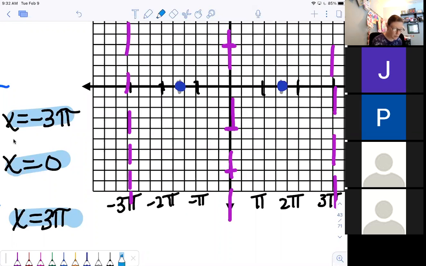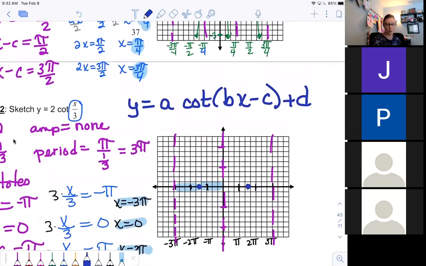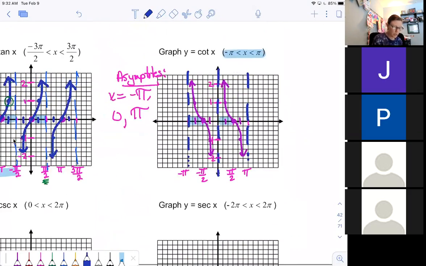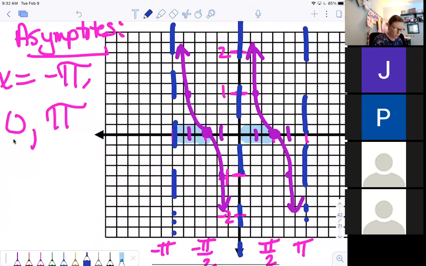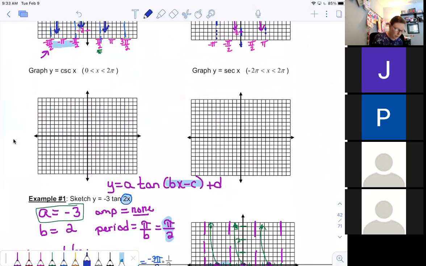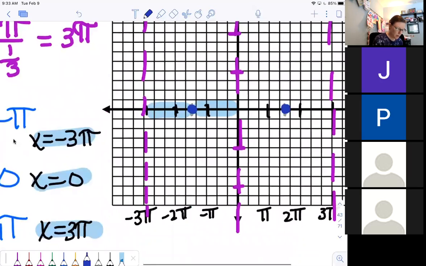And then in the middle of your intercept and asymptote is going to be where your other point lies. And that value needs to be multiplied by 2. So if I look up at cotangent, cotangent originally was up on the left at positive 1. So it's going to go up on the left. Instead of at positive 1, it's going to go up to positive 2.